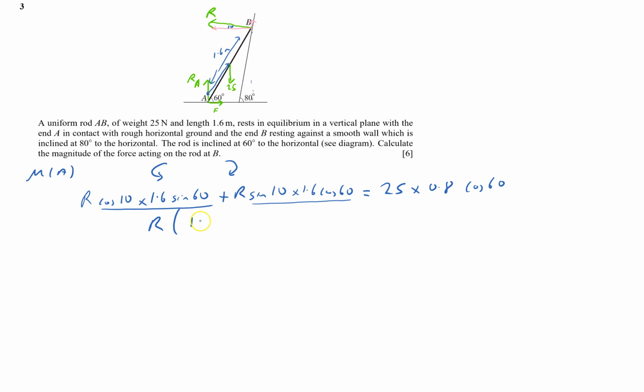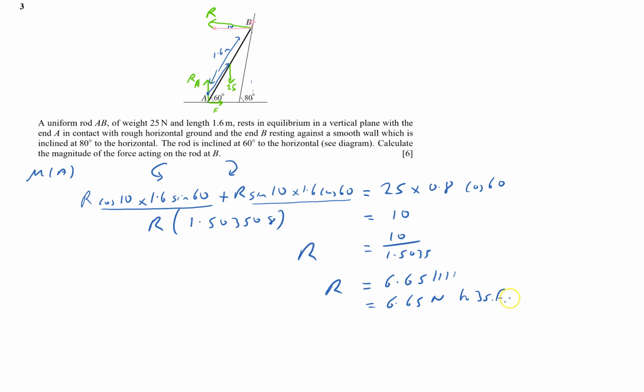That gives me R times 1.503508, and that equals 10, and that gives me R equals 10 over 1.5035, and that gets R equals 6.65111, which equals 6.65 newtons to 3 significant figures. And that's how I've done it.